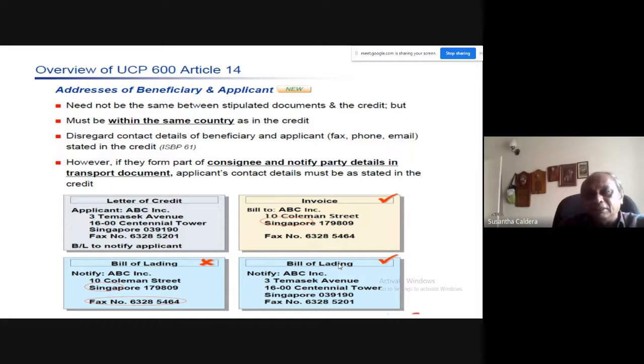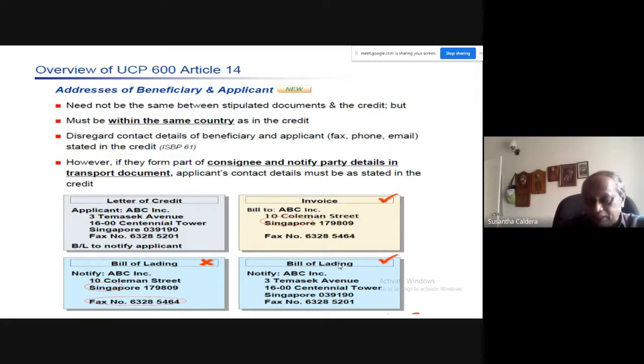But the documents issued by Hekab, the beneficiary address, is like Dean's Road. No issue. But there's one issue, that is both addresses should be within the same country.